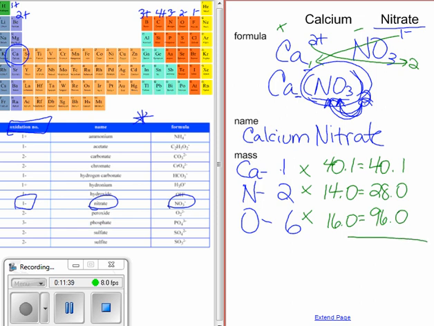So to get the total formula or molar mass for calcium nitrate, I have to add all these up. So I have 164.1 atomic mass units. I tried to give you an example of an easier one and a more difficult one, and you can use this tutorial to guide you through them if you tend to get them mixed up as you go along.